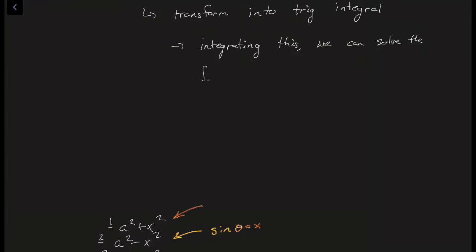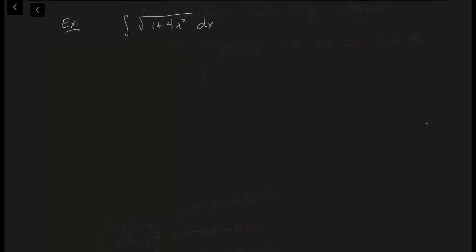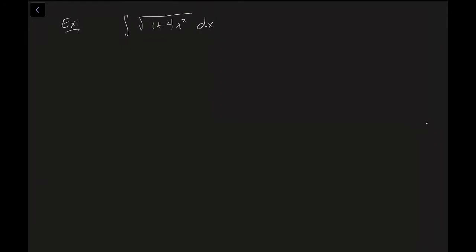Now if we have a squared plus x squared, we're going to let x equal a tangent theta. And if we have x squared minus a squared, we're going to let x equal a secant theta.